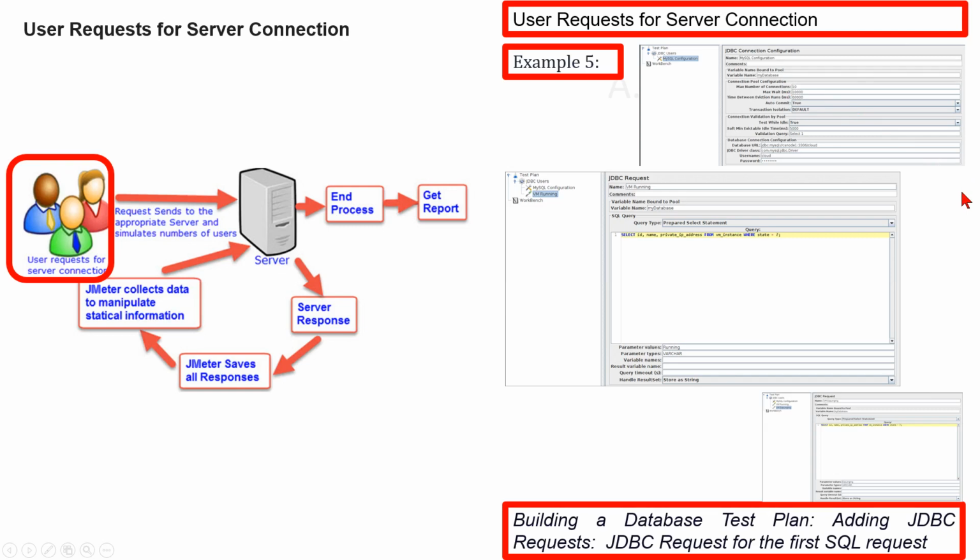Selecting the JDBC users element again. Click your right mouse button to get the add menu, and then select add, then sampler, then JDBC request, then select this new element to view its control panel.